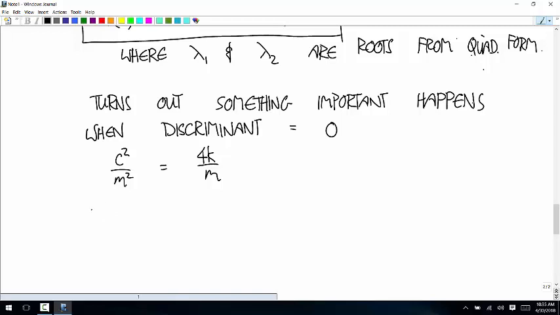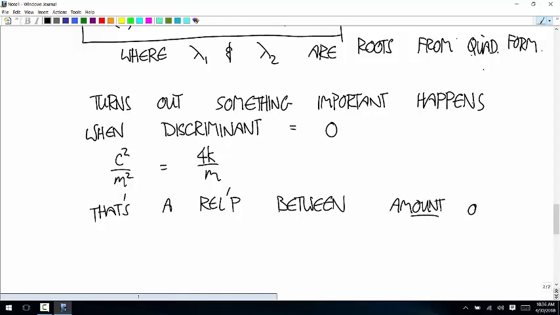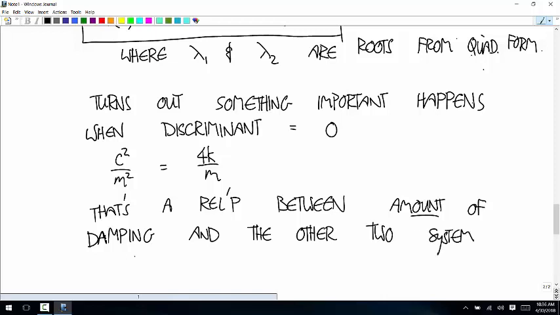And so notice that's a relationship between the coefficient of damping, let's say the amount of damping, and the other two system parameters, k and m.